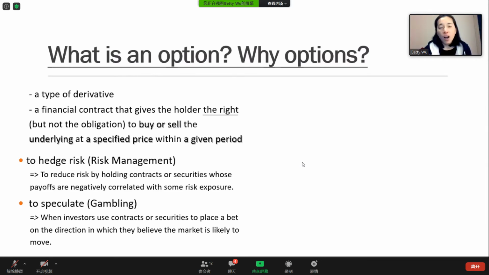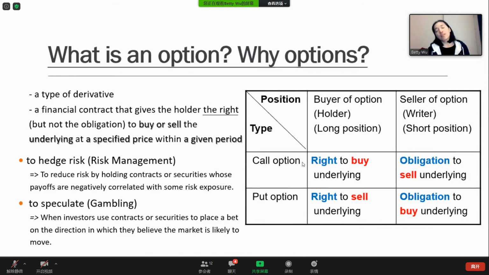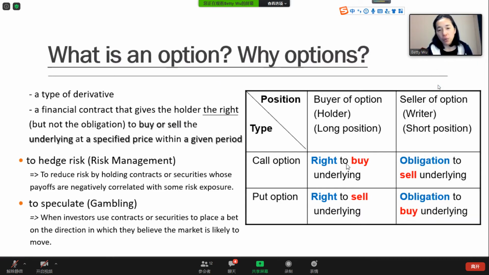Okay. All right, and this table gives you four different position combinations in terms of option trading. For a call option, if you long a call, if you buy a call, if you hold a call, they all mean the same thing.